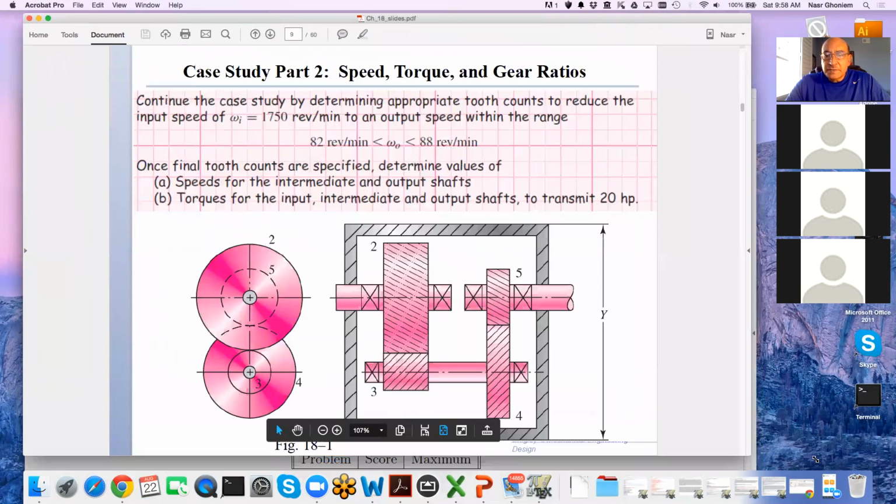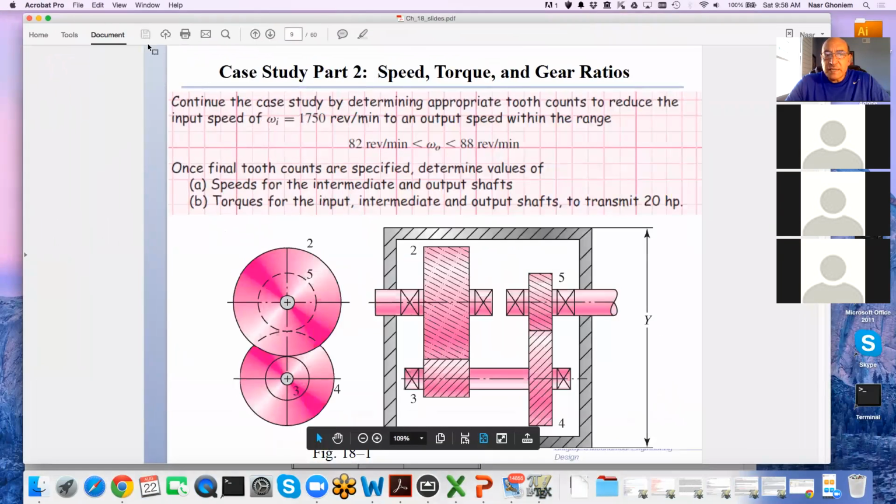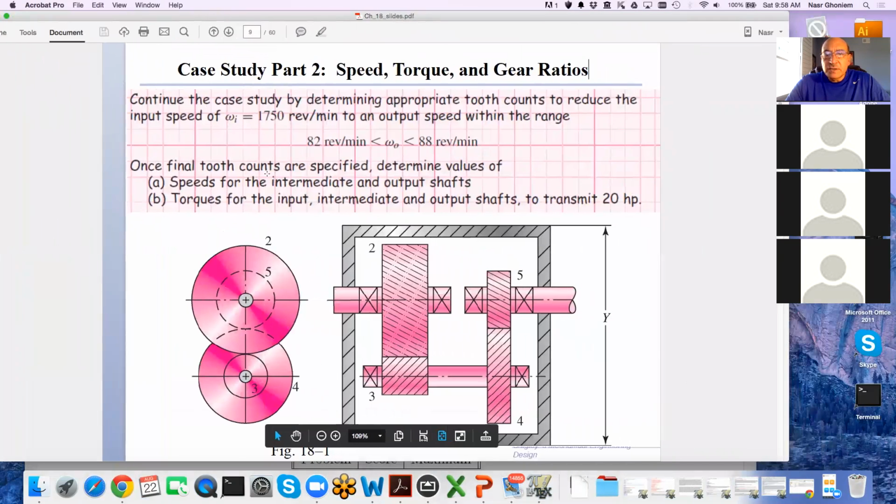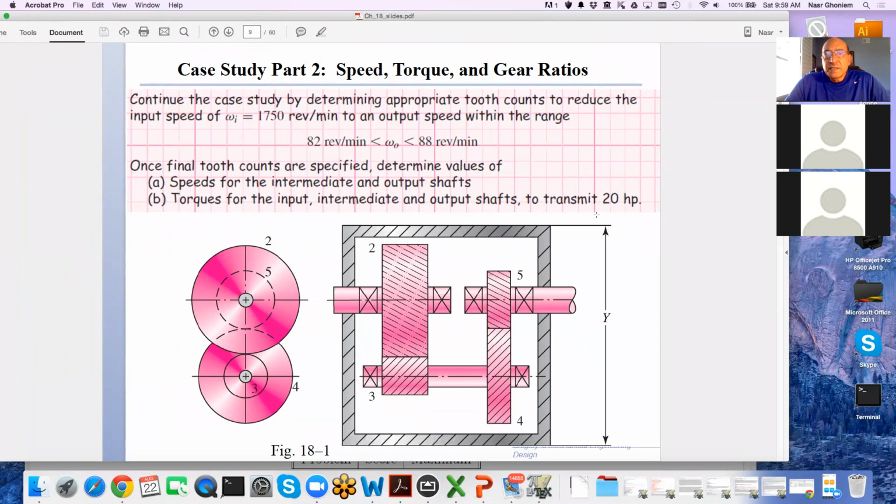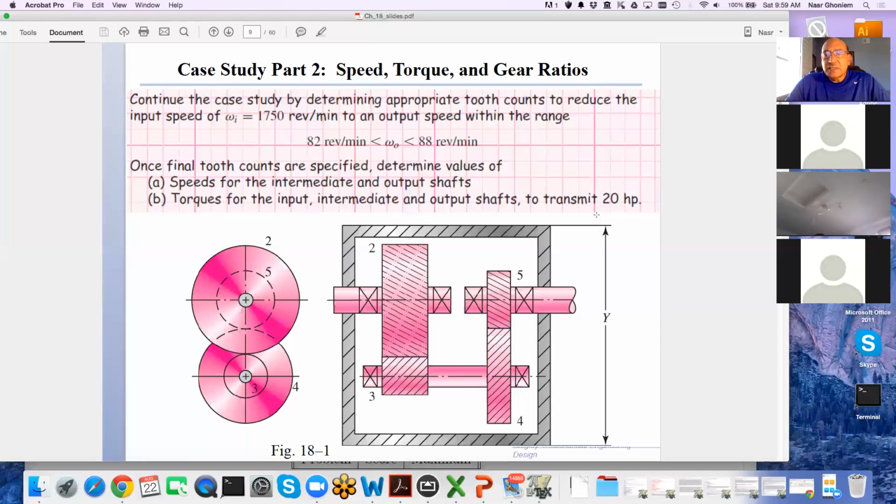the design of gear reducers or gearboxes in general involves sizing of the gearbox, determination of the number of gears and the number of teeth on each gear, determination of the forces that are transmitted in between gears, both tangential and radial, determination of the reactions and the supporting shafts, determination of the fatigue life of the shafts, and then finally determination of the deflection.